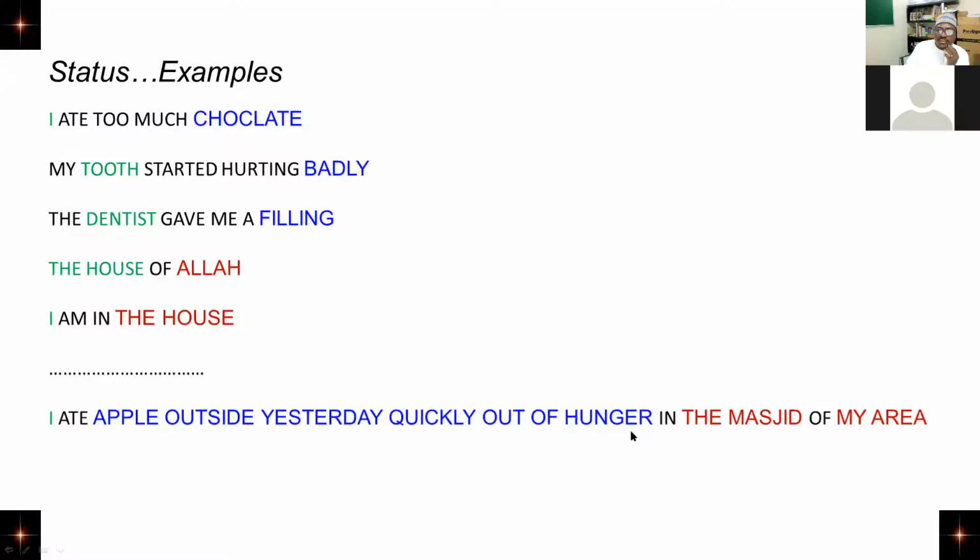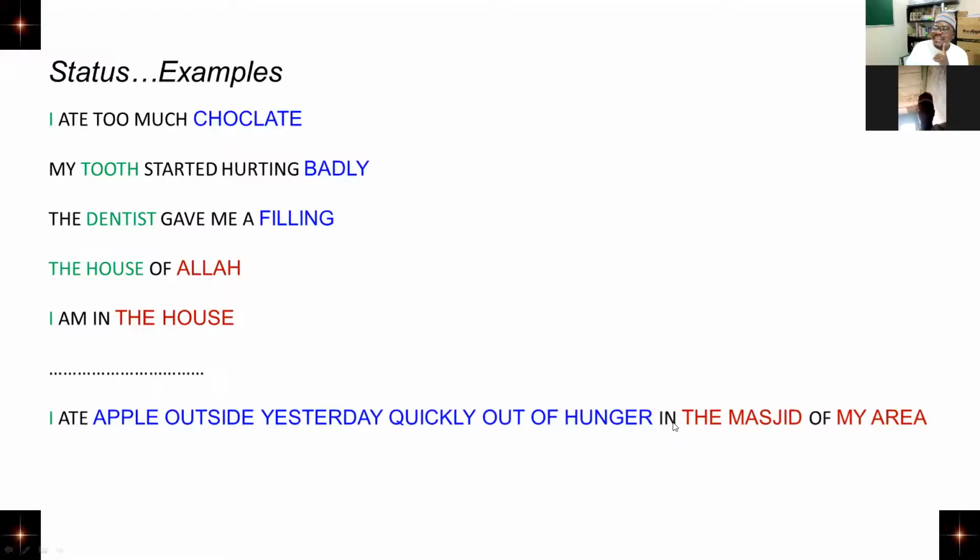Please let's note that. Finally, the masjid will be in what status and why? Yes, Rabiu. Yes, Aisha says "in the masjid" is majrur because of "in." I like that. This is one of the harf of jar. It's fi. So fi is harf of jar.